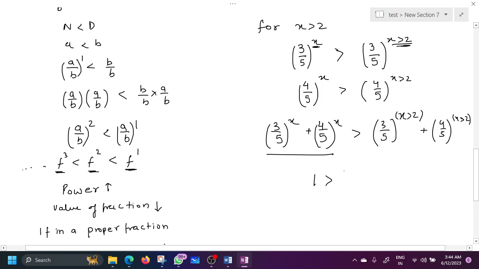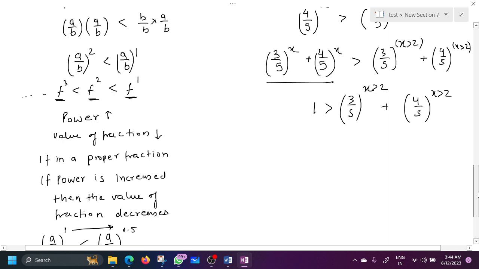So 3 by 5 to some power greater than 2 plus 4 by 5 to some power greater than 2 will always be less than 1.